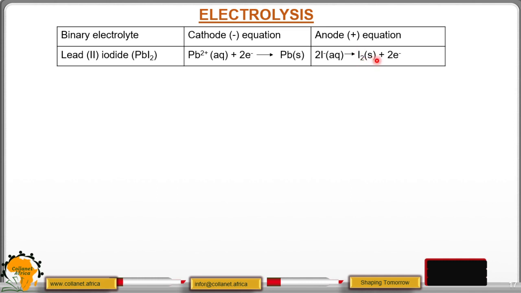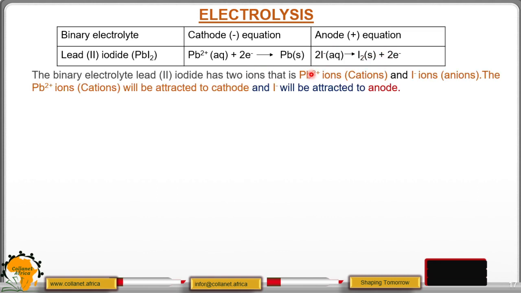So these 2 lost electrons at the anode will be gained by the lead ion to form the lead atom. So this should be balanced. Whatever is lost there will be gained on the other side. Whatever is gained here must be lost by the other, so that the equation is balanced. Therefore, in this case, you put a 2 there, and then you have the 2 to balance the whole equation.